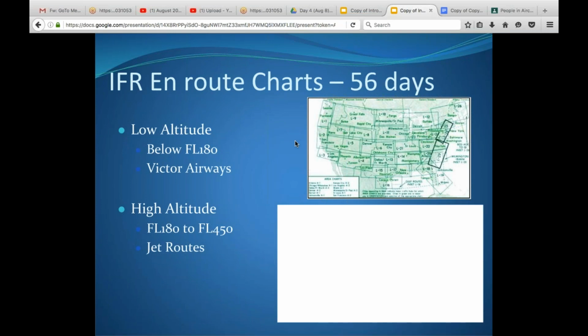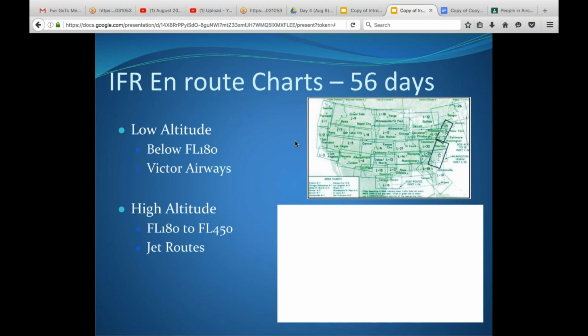Sometimes we'll use those Victor routes to transition that. Then there are also a lot of Victor routes that are the same as your jet routes. They're just lower.